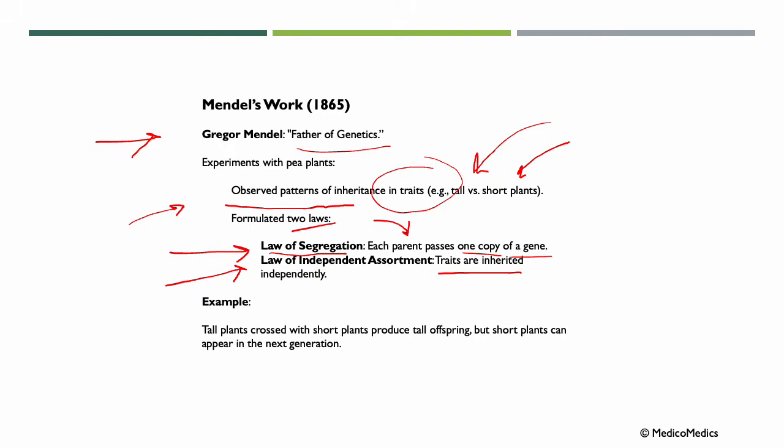So traits are inherited independently. So, for example, tall plants crossed with short plants produce tall offspring, but short plants can appear in the next generation. So, following from Mendel's discoveries, we found that traits actually don't blend like they thought before. Instead, they are passed down in patterns, and it's like flipping a coin.